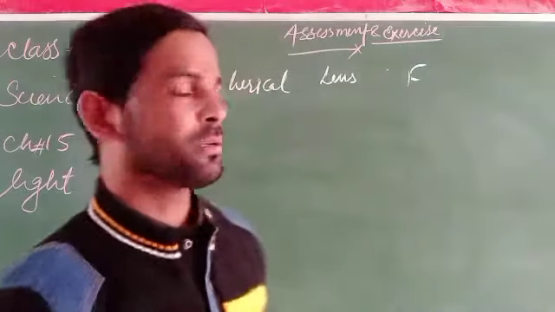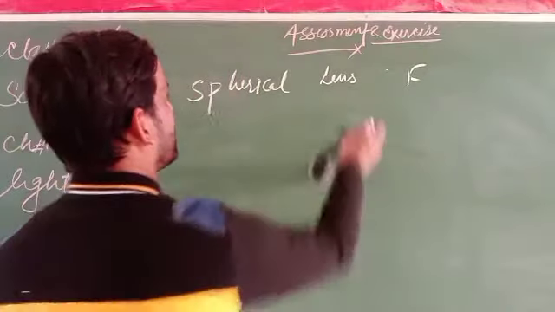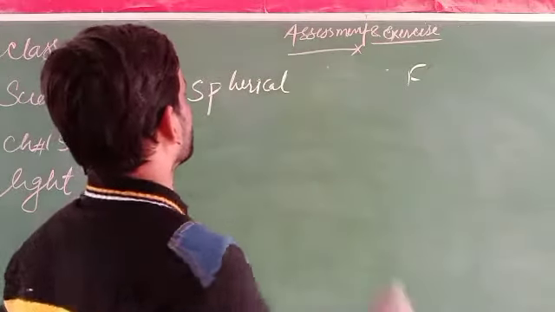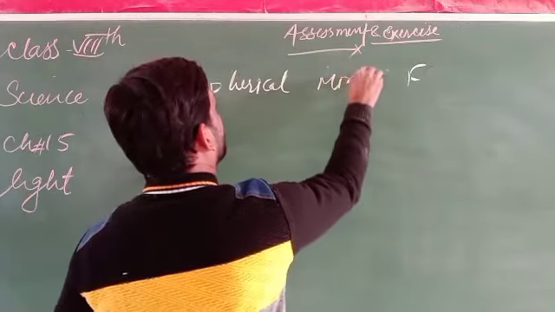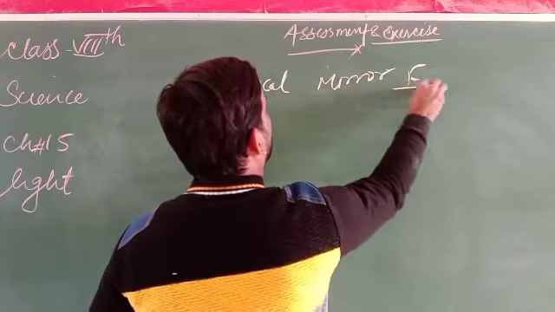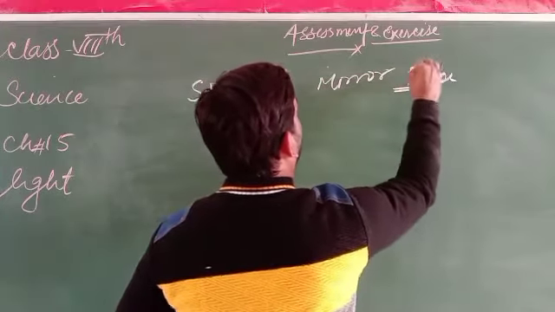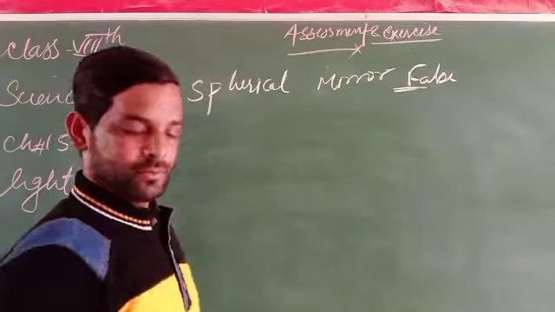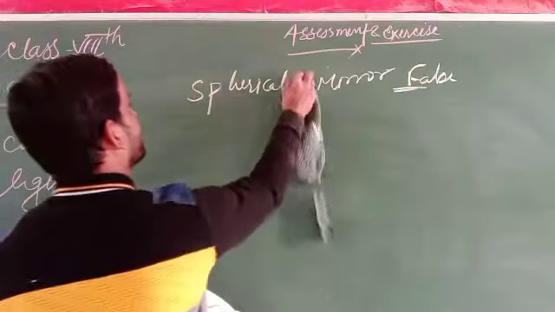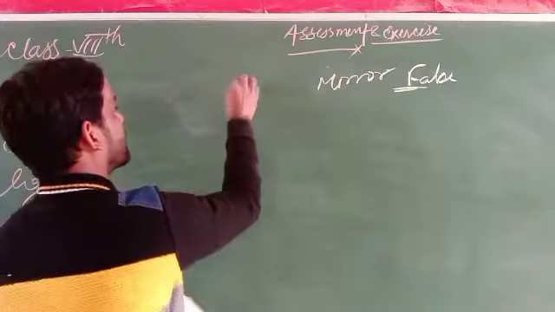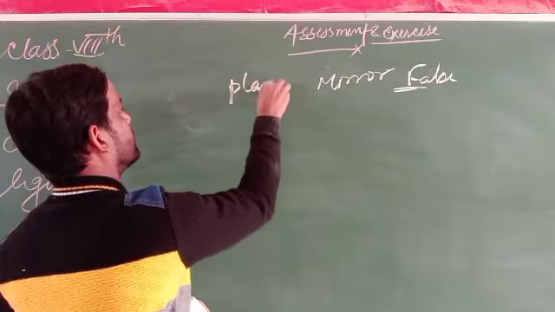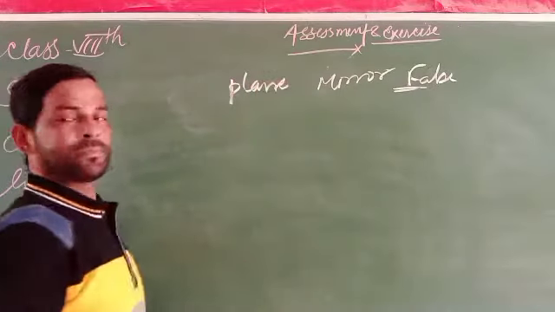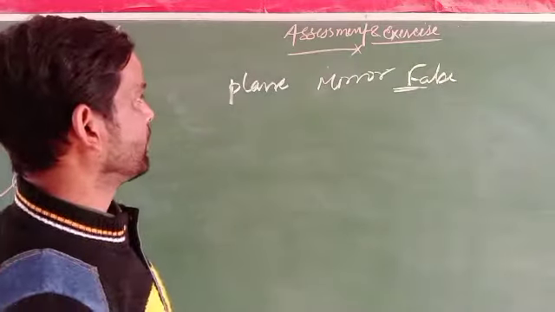This is not for the spherical mirror, actually it is for the plane mirror. It is a false statement, and this can be rectified: in place of spherical, it has to be written plane mirror.